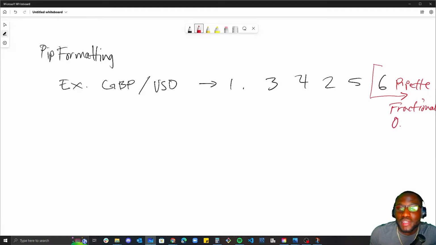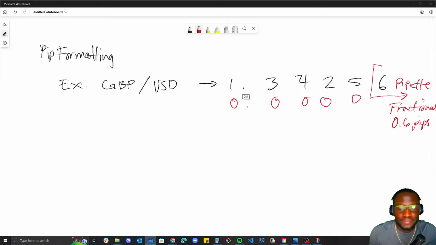It's formatted like 0.6 pips. That's how you would read this currency alone. All this says 0, then this is 0.6 pips right here.